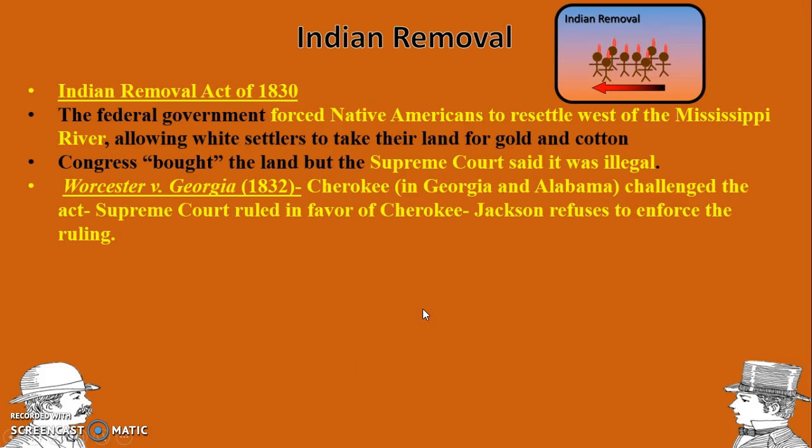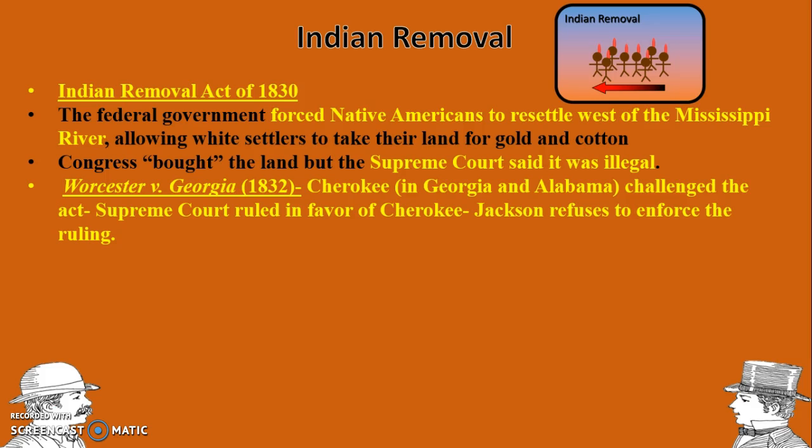Now, there was a court case two years later. In Georgia, Georgia made a law that said that the Cherokee could not have any white people in their reservation or area of land. So Worcester, who I believe was a missionary, had gone in there, and when he came out, they arrested him.